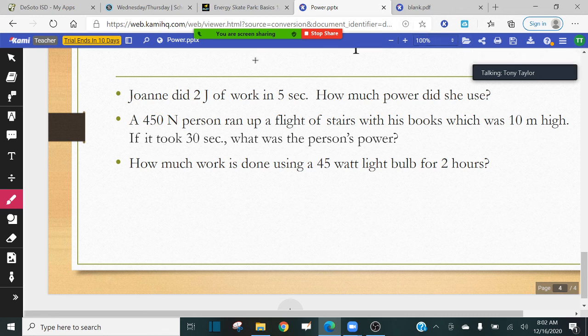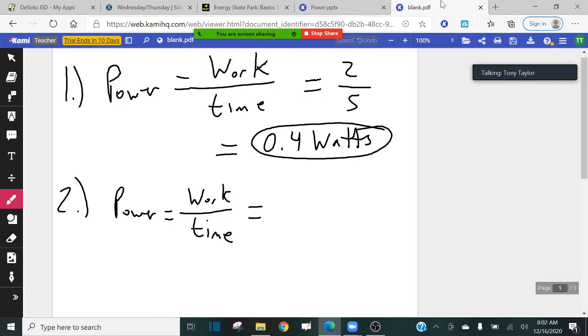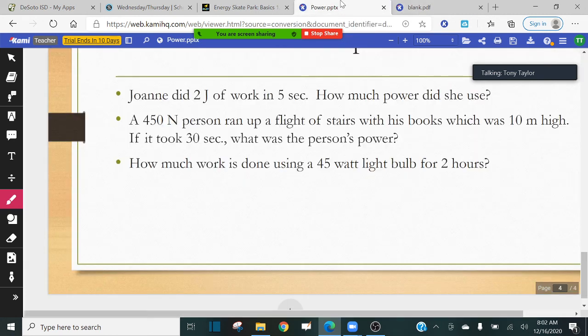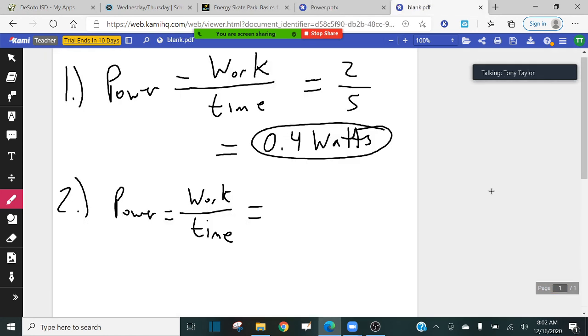So that means, guys, we can actually use our equation for work here to calculate the work being done as this guy went up the flight of stairs. So work, remember, work is force times distance.